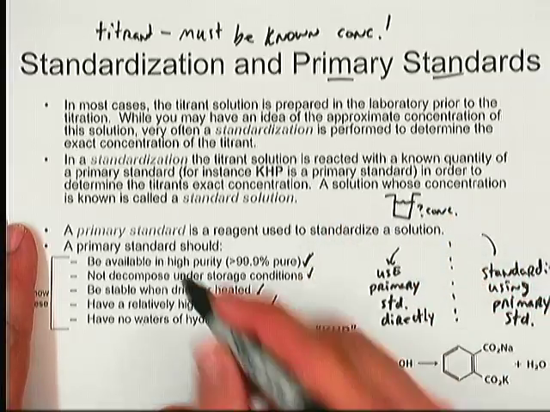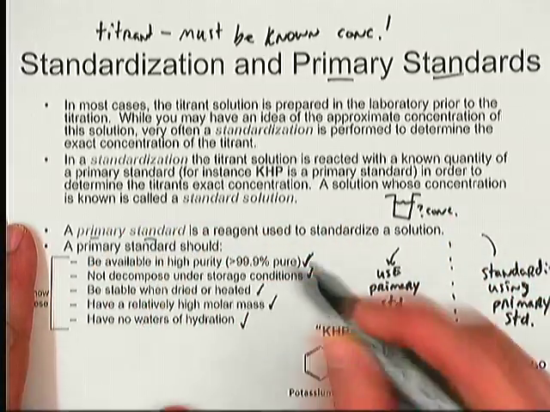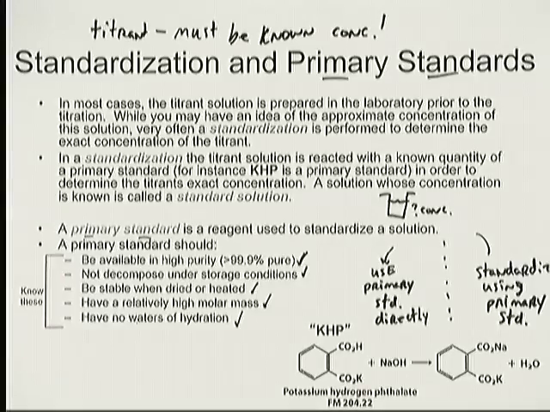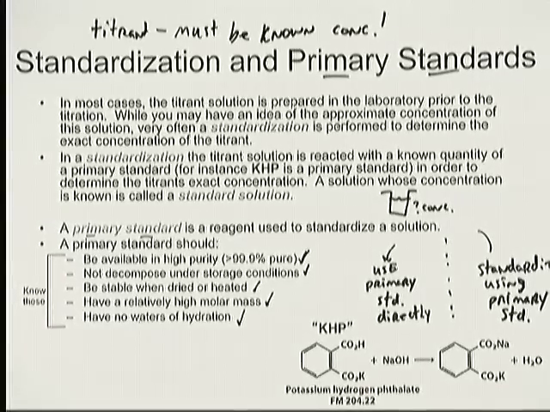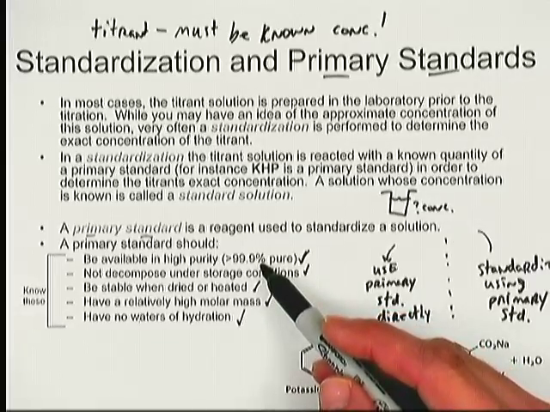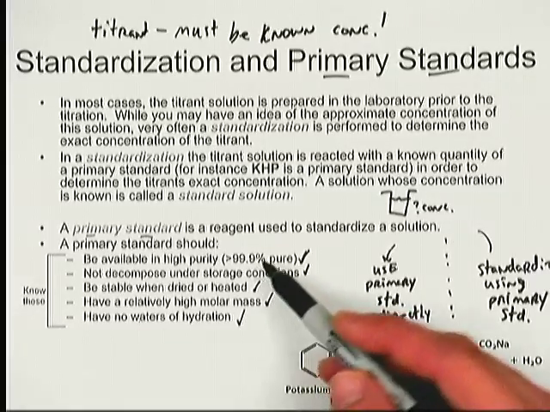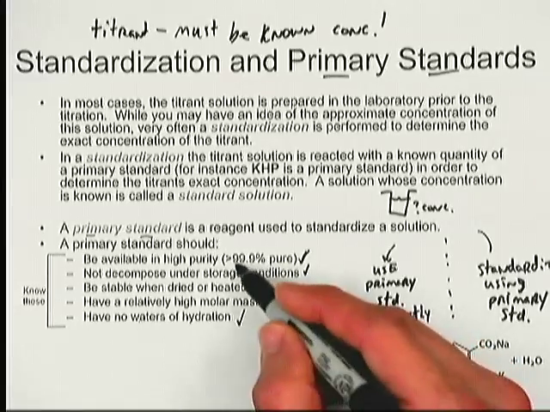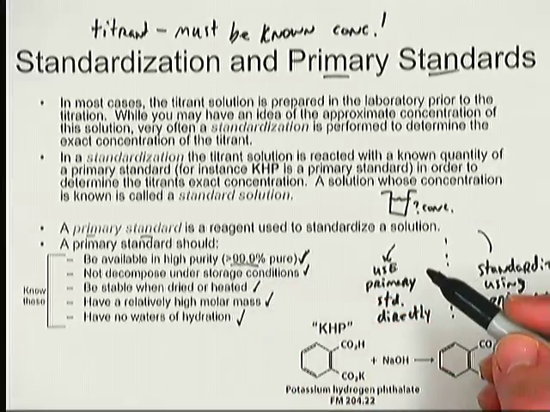So this primary standard is the chemical that serves as the basis for your analysis. And because of that, it's extremely important that it's available in high purity. Because if it's not, if you weigh out a gram, do you really have a gram? Or do you have half a gram, right? So, got to be greater than 99.9% pure.